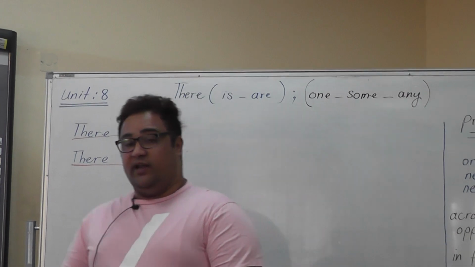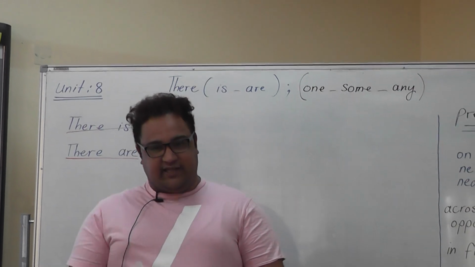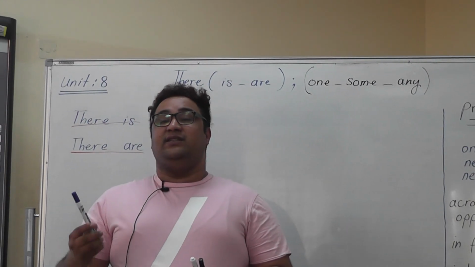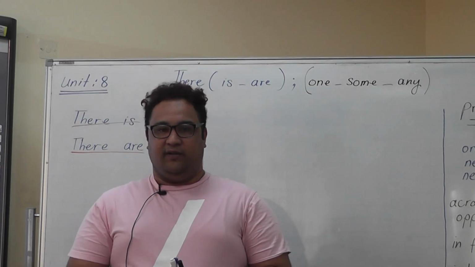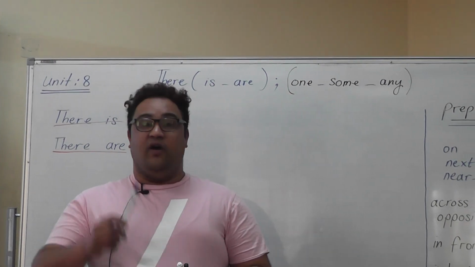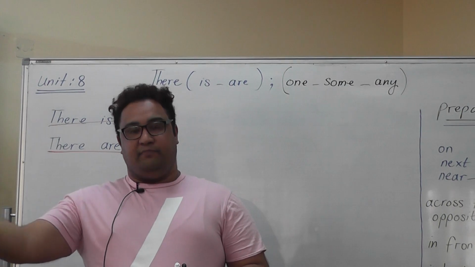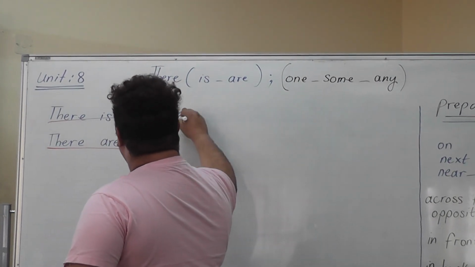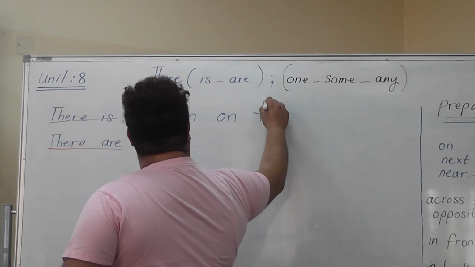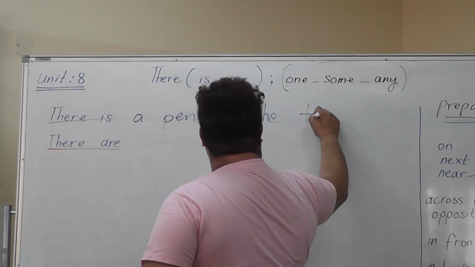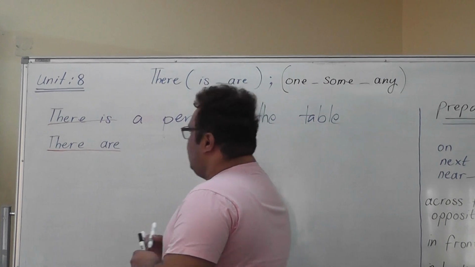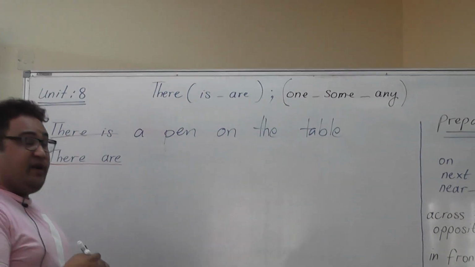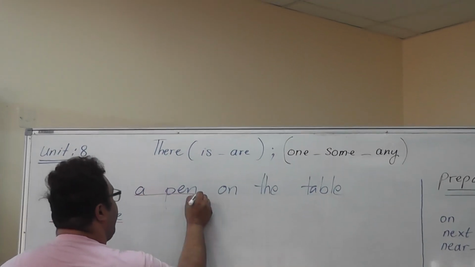For an example, you say there is a pen on the table when you talk of one pen on the table. We have how many pens? One, a pen.